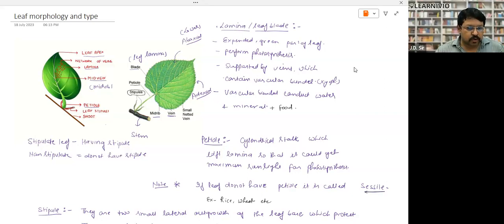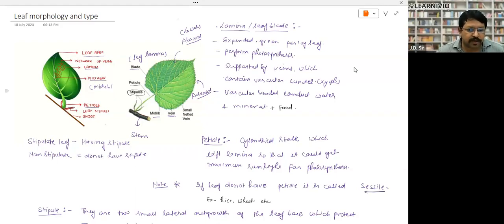Fine. So lamina or leaf blade, this part which is rough and lighter in color, is called abaxial or lower part. And the upper part, with a glossy finish or shiny, is called adaxial part. Fine. And there are these veins. This is the midrib. Again, these are the stipules.